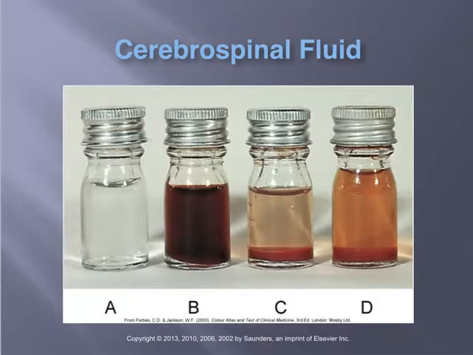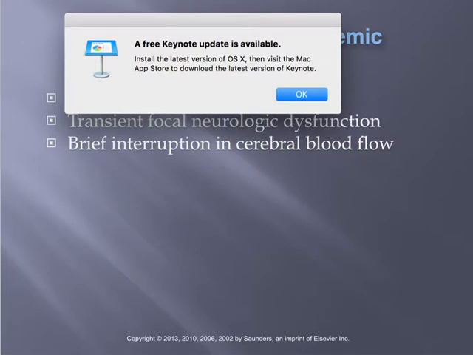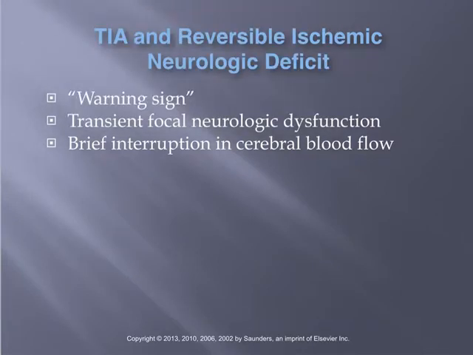So from here, we're going to move over to talking about some different neurological conditions. The first one I want to talk about are TIAs. They're often called warning signs, and a TIA is a reversible ischemic neurological deficit, transient ischemic attack.